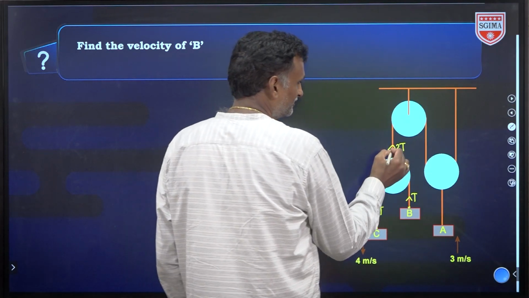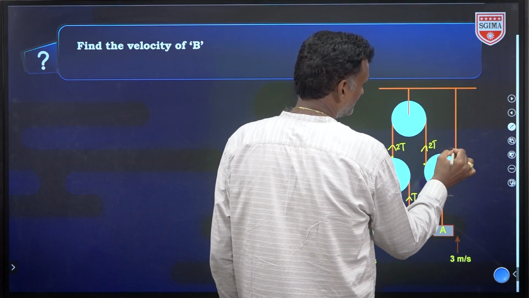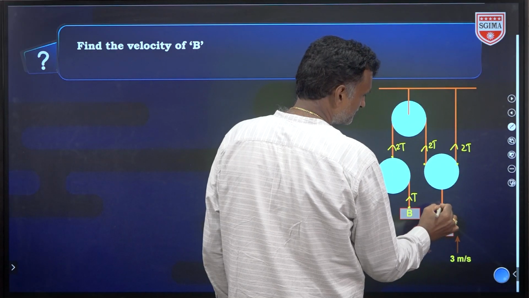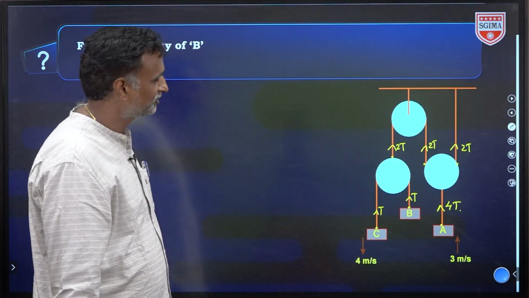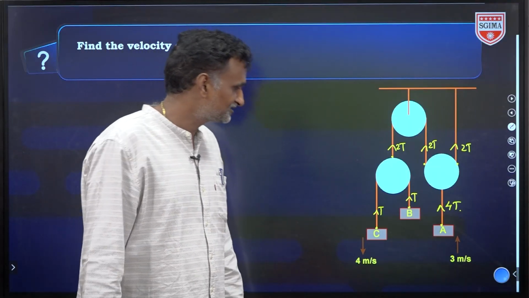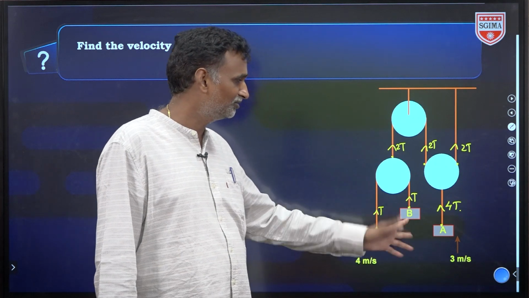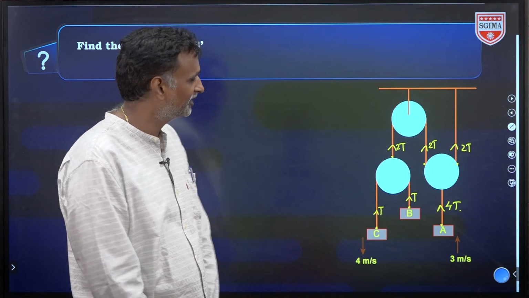And here it is 2T, here it is 2T, then 2T adds up and gives you 4T. Now they are asking the velocity of B. One is moving downward, one is moving upward, and this one moves upward or downward, we don't know, we need to solve this, okay?